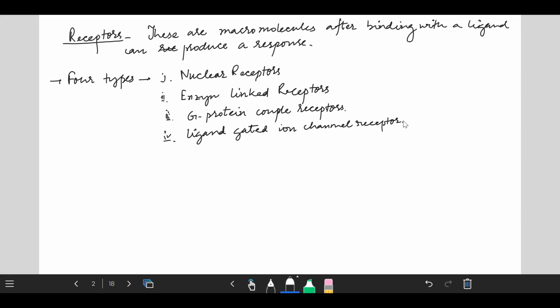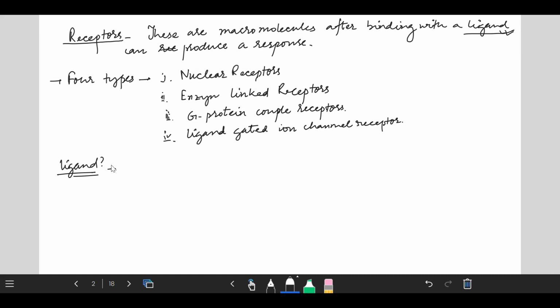Okay. Now I have used the term ligand. You need to be clear about what is ligand. So, what do you understand by ligand? Actually, ligands are of 2 types, kind of binding molecule.